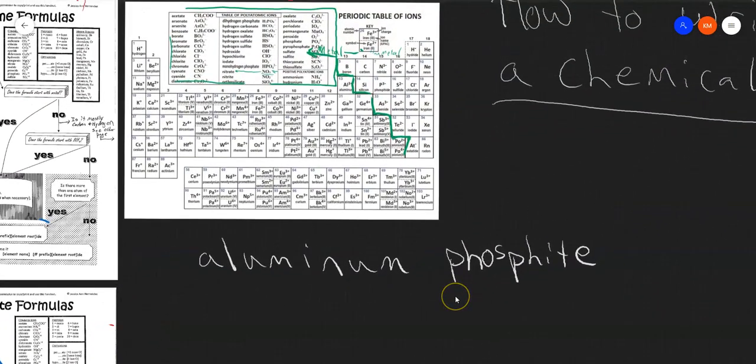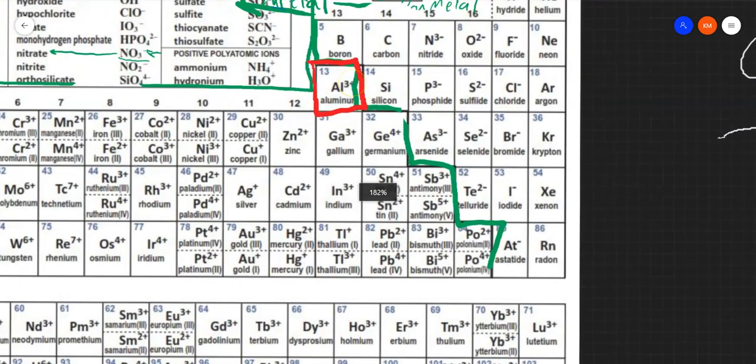So come here, find aluminum, which is right here, and that's a 3 plus. Okay, so that's a 3 plus. And then it's phosphite, ITE, right?